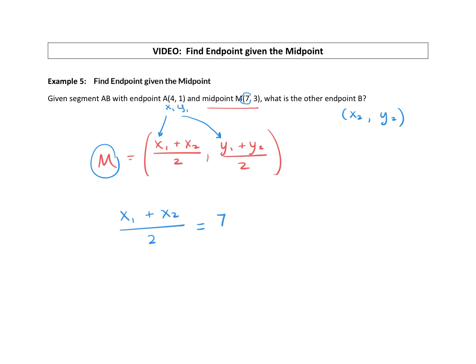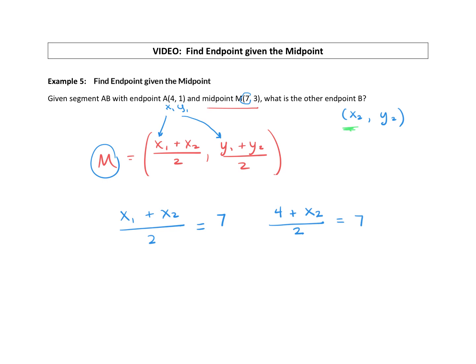So if you add up the x's of your endpoints, divide by 2, you'll get the x coordinate of your midpoint. We said we know that x1 is a 4, so we can replace this x1 with 4. So we have 4 plus this x2 from our other endpoint that we don't know, divided by 2 equals 7. We can solve for that x2 and find part of our endpoint over here.